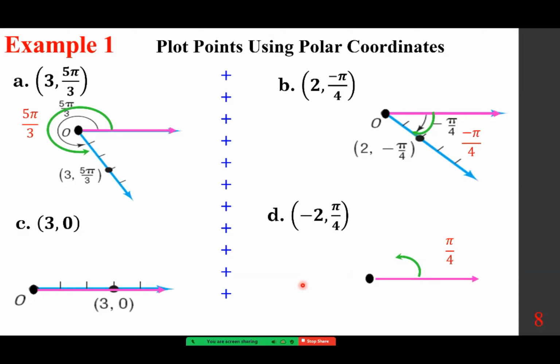We check the second tick mark. So this would be positive pi over 4, and that's fine. Because we want r to be negative, we have to go this way, and then 1 and 2 tick marks. So that's how we do the drawing.